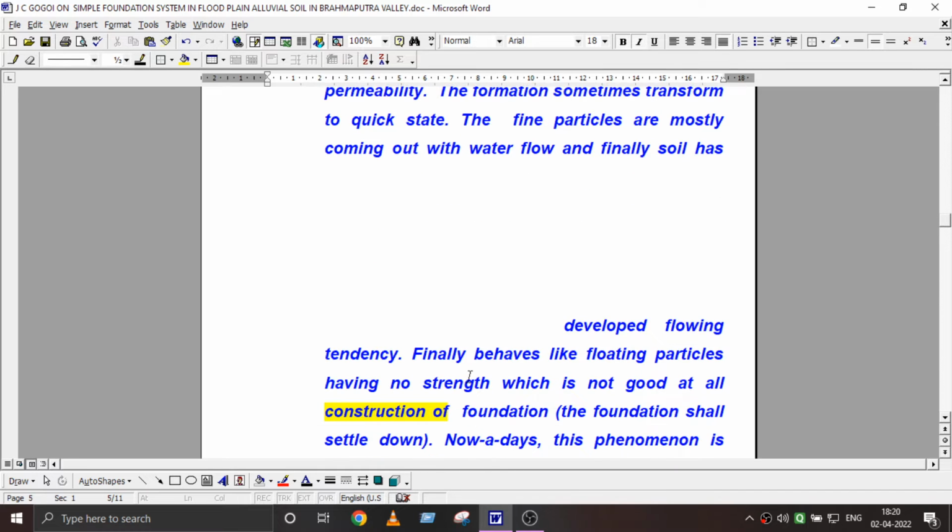Finally it behaves like floating particles having no strength, which is not good at all for construction of foundation. The foundation shall settle down.